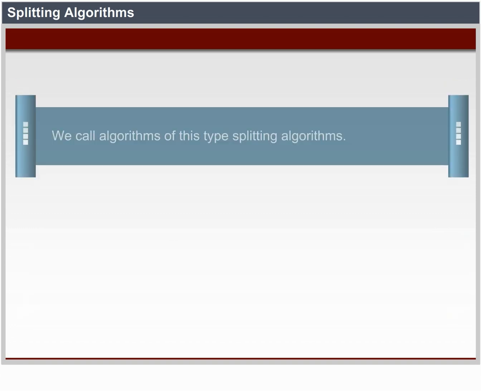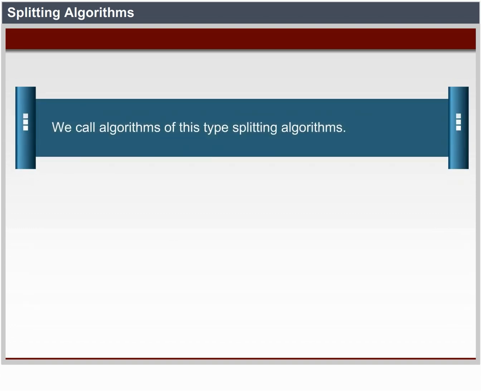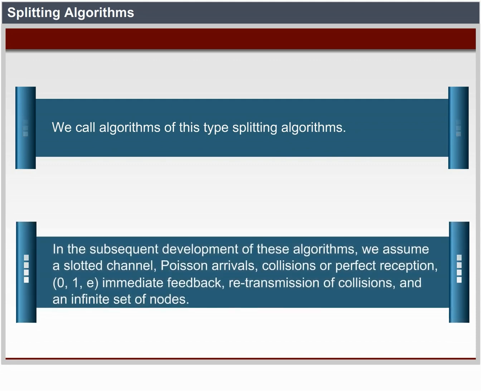We call algorithms of this type splitting algorithms. In the subsequent development of these algorithms, we assume a slotted channel, Poisson arrivals, collisions or perfect reception (0, 1, e), immediate feedback, retransmission of collisions, and an infinite set of nodes.